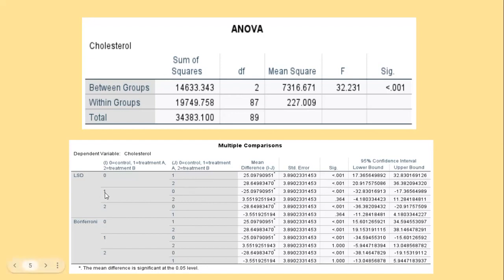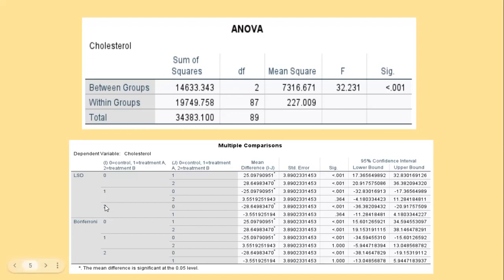And here we are comparing group 1 with groups 0 and 2. When compared to group 0, there was a significant difference as well. However, when 1 is compared to 2, there was no significant difference because here the p-value is 0.3, which is higher than 0.05. Alpha is at 0.05.